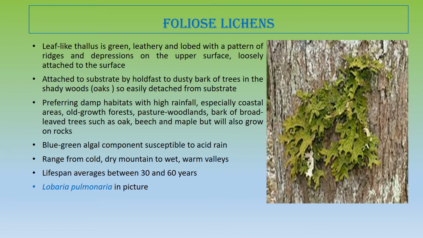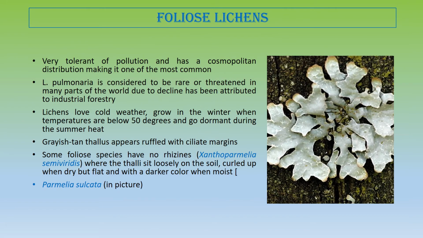Now, this foliose lichen thallus lies parallel to the substrate surface, and in this picture we see the thallus of Lobaria pulmonaria. Some foliose lichens are quite susceptible to pollution, especially acid rain, but it can tolerate other types of pollutants also.